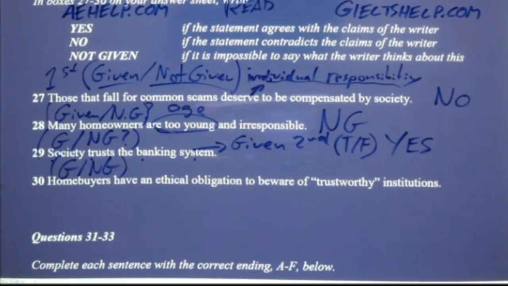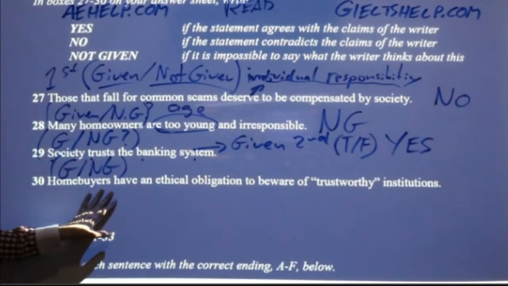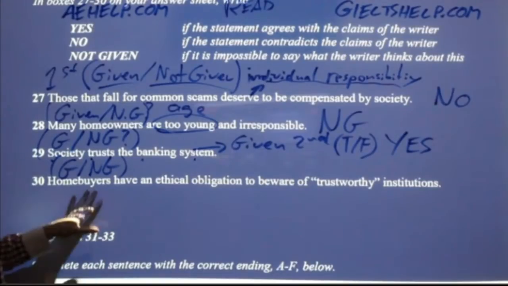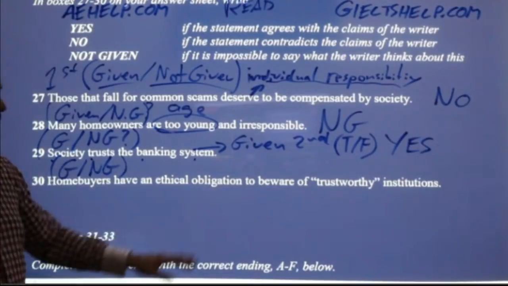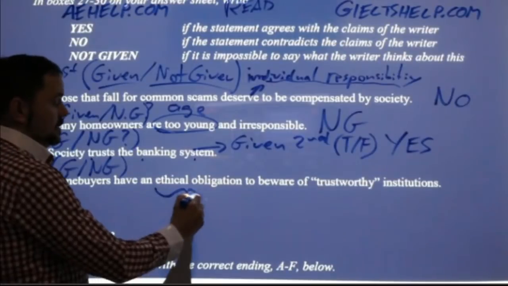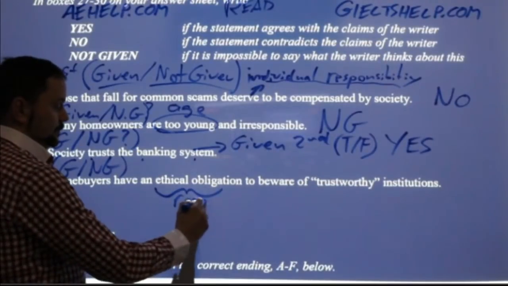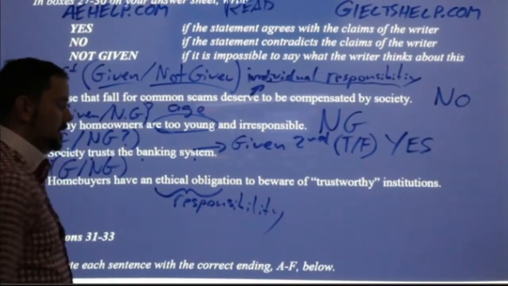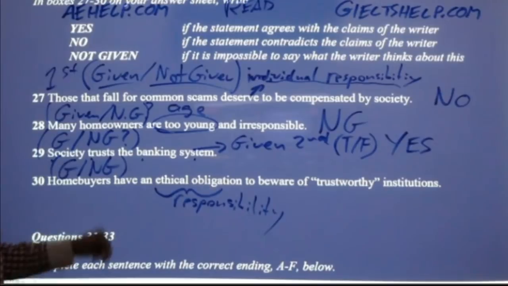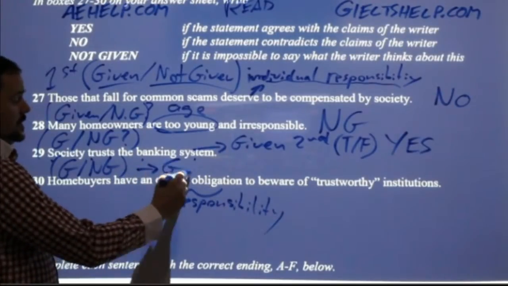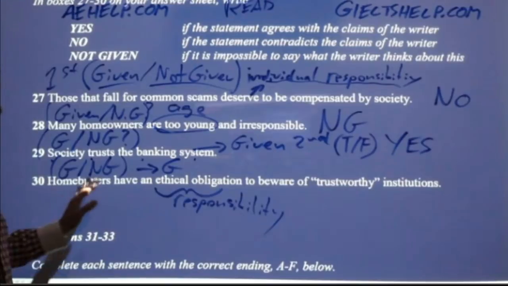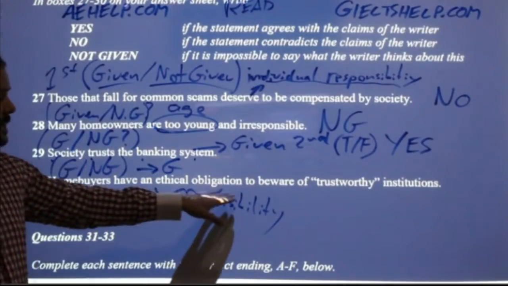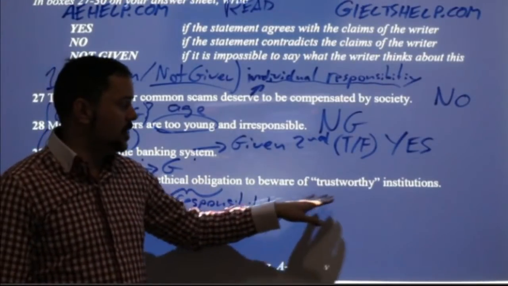This question is also dealing with individual responsibility. Home buyers are individuals. Ethical obligations are responsibility. Okay. So from that, I can figure out that it's going to be given. Okay. And homebuyers have an ethical obligation to beware of trustworthy institutions.